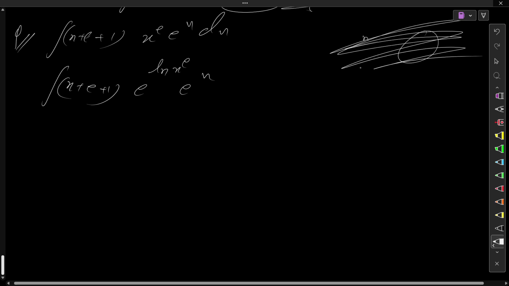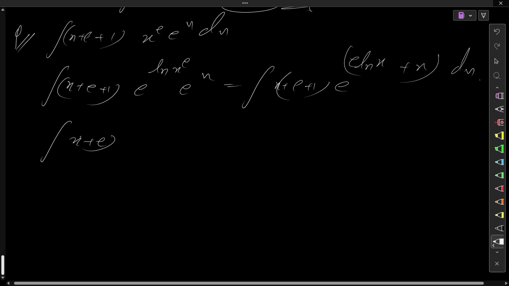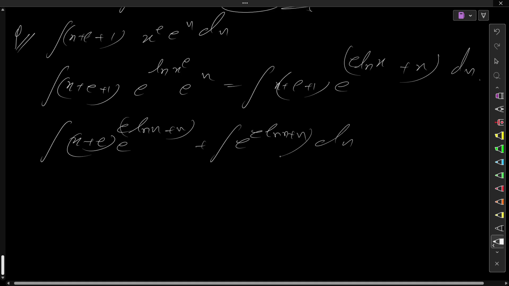So using this property, I'm writing the integral of x to the power of e plus 1 as e to the power of ln x to the power of e plus x dx, right? So from there, this could be written as x to the power of e, e ln x plus x, plus the integral of e to the power of e ln x plus x dx.